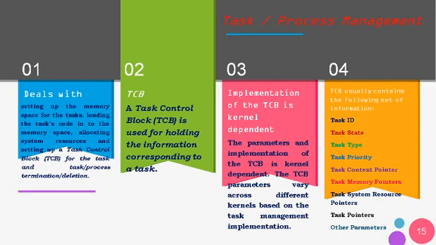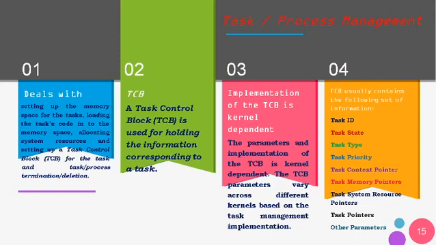A TCB, that is a task control block, is used for holding the information corresponding to a task. The parameters and implementation of the TCB are kernel dependent, and they vary across different kernels based on the task management implementation.